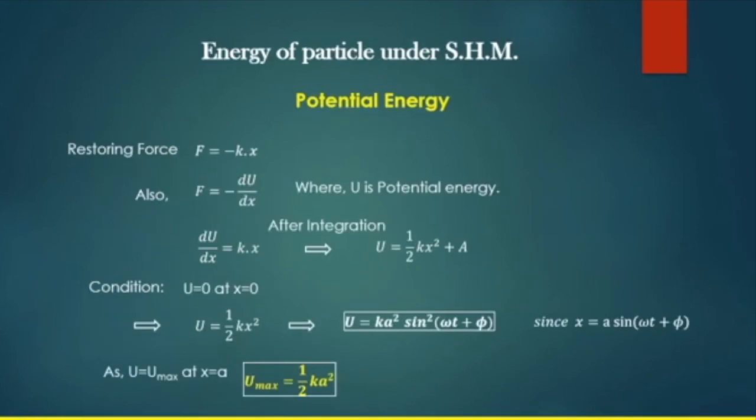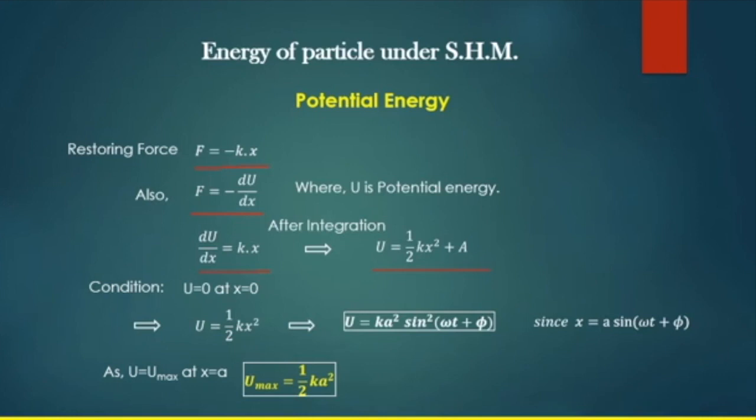Coming to the potential energy, as we already know the restoring force F is equal to minus kx. And there is a well-known relation between force and potential energy for one dimension, that is F equal to minus dU/dx. So putting these two equations together and then integrating, we will get this equation. Here again, A is the constant of integration.